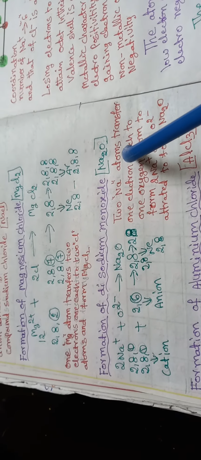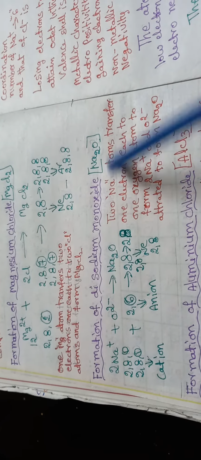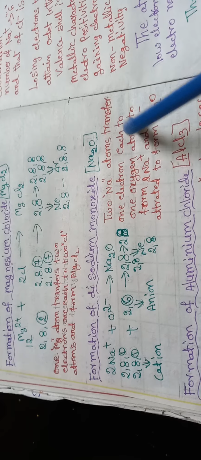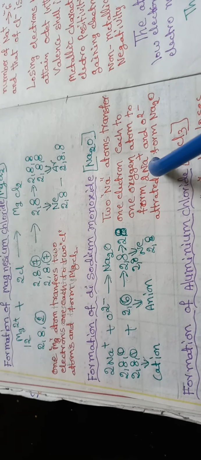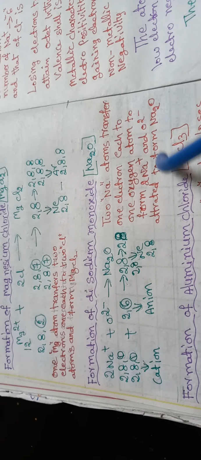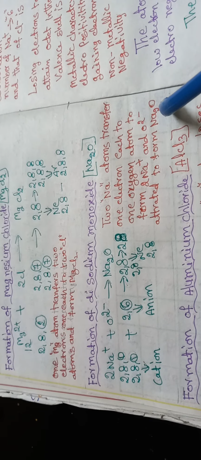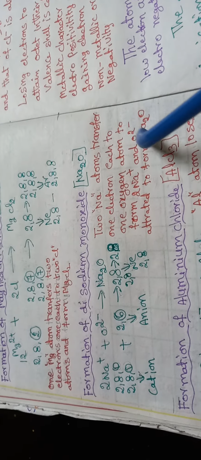Two sodium atoms transfer 1 electron each to 1 oxygen atom to form 2Na+ and O2- attracted to form Na2O. Na2O means sodium monoxide.